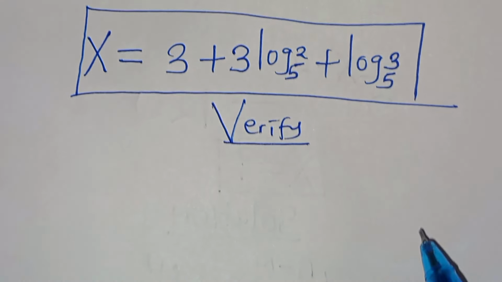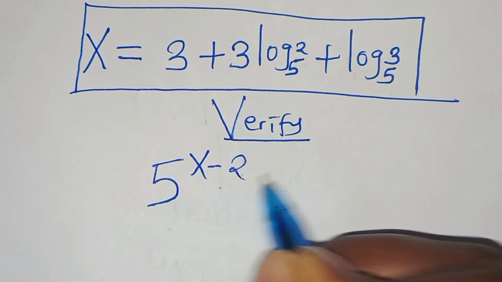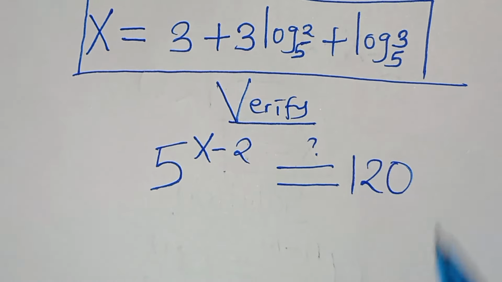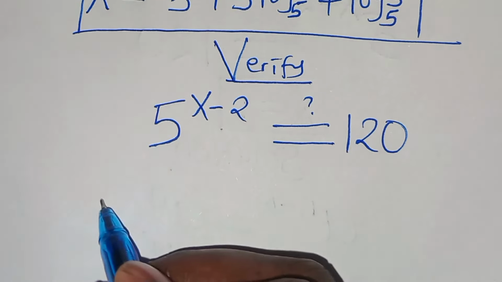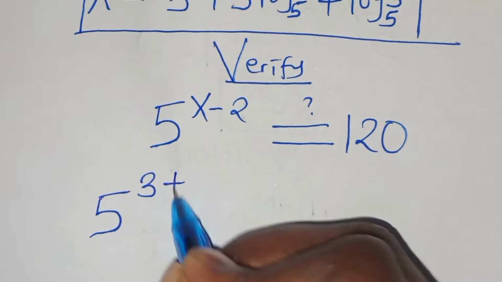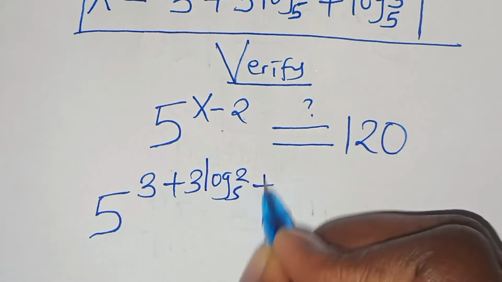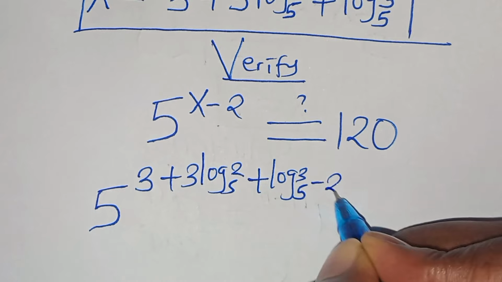Here, if you recall, we have that 5 to the power of x minus 2 is supposed to give us a value of 120. So let's substitute the value of x so that we have 5 to the power of 3 plus 3 log 2 to base 5 plus log 3 to base 5, minus 2.